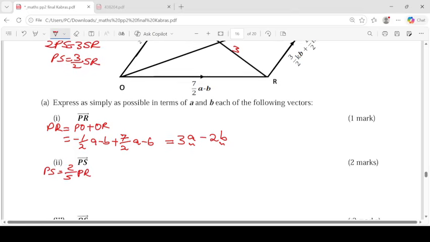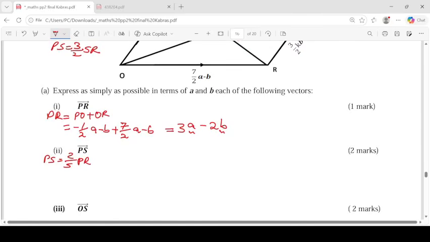So this means we are going to have this as 2 over 5 of PR, but my PR I've already gotten as 3A minus 2B.